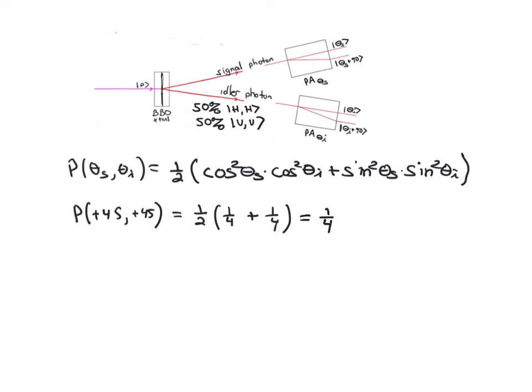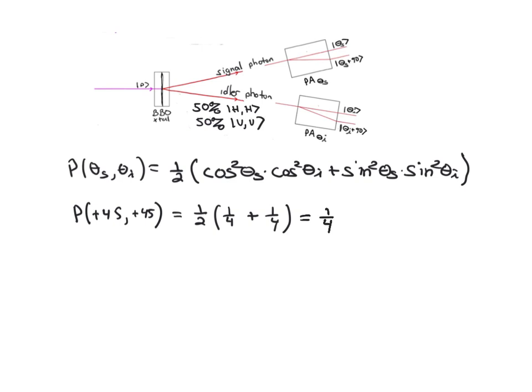So that tells you something that I mentioned was true in the what's the big idea, and now we have a very formal way of telling that for this situation, 1/4 of the time, the signal and the idler photons are both going to come out the top port.